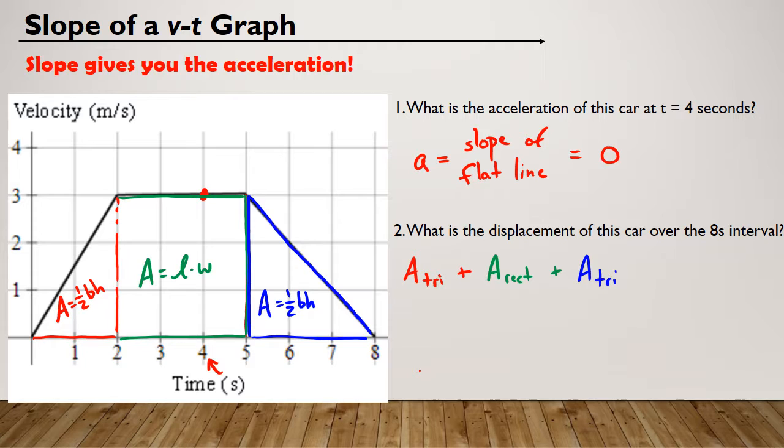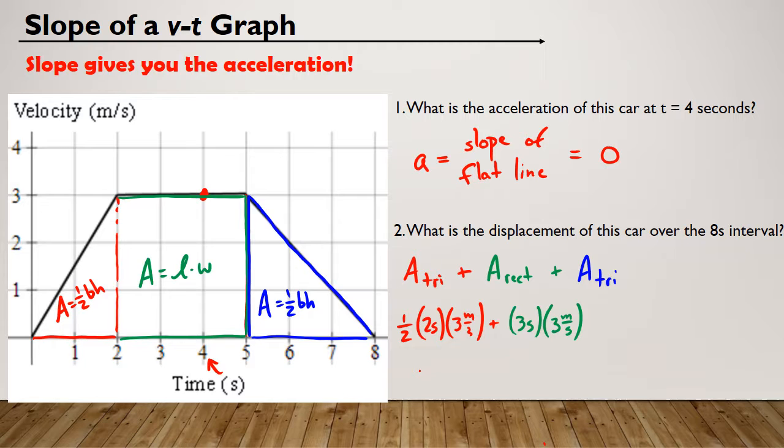So we can do that. Area of that triangle would be 1/2, 2 seconds, and the height is 3 meters per second, plus length times width is 3 seconds long and a width of 3 meters per second.